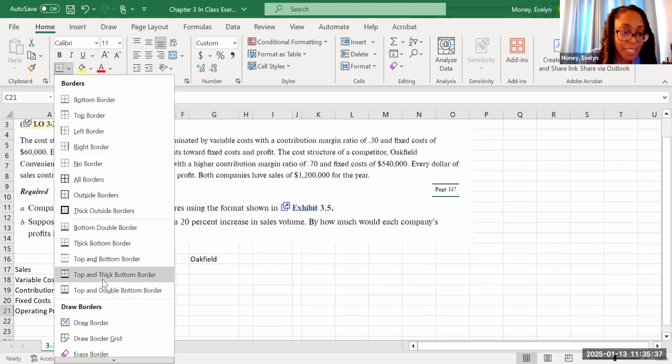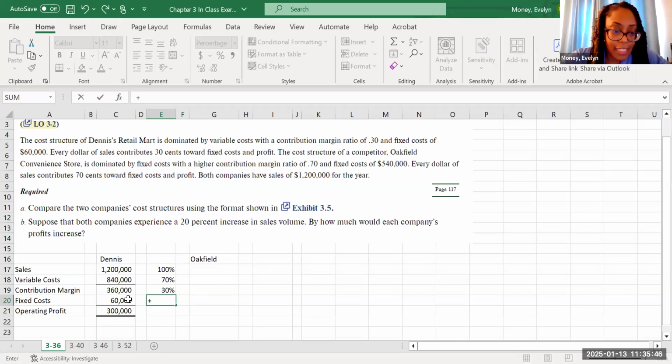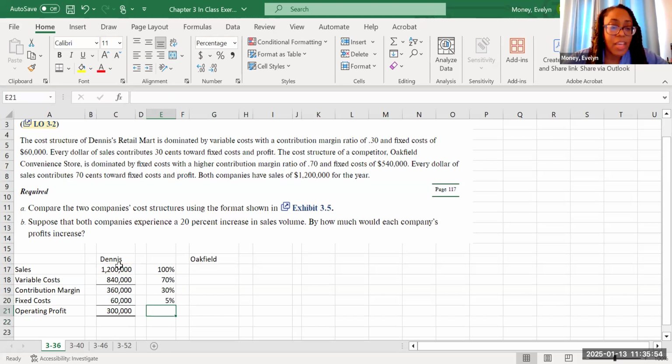I can go ahead and put my single and double underlines here. All right, so fixed costs, I can take 60,000 and divide it by 1.2 million, and I get 5%. So 30% minus 5% should be 25%. So my profits are 25% of sales.